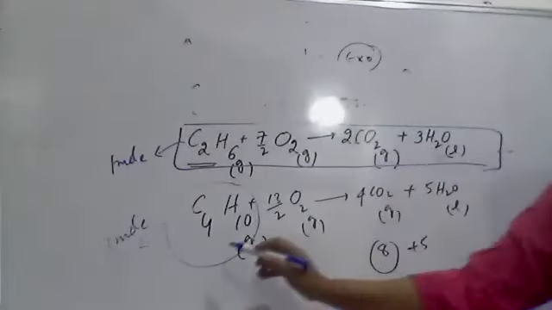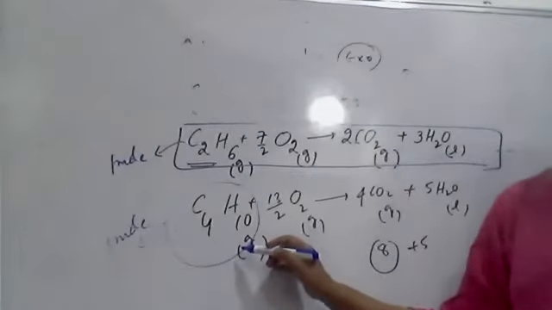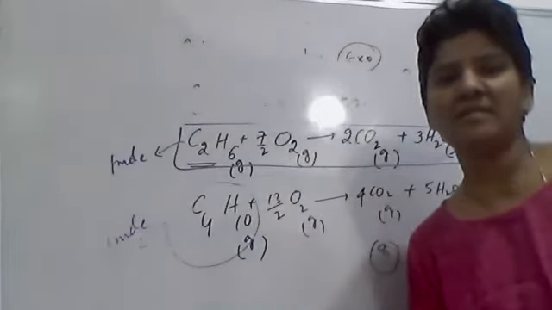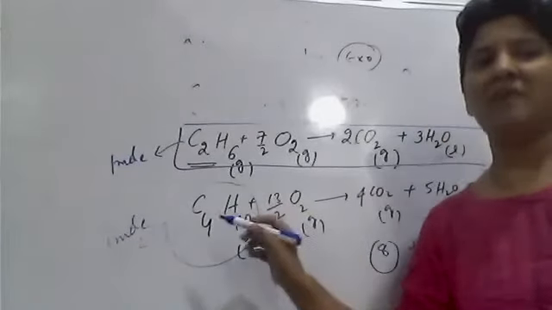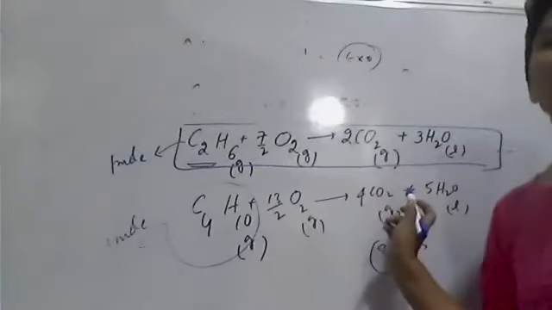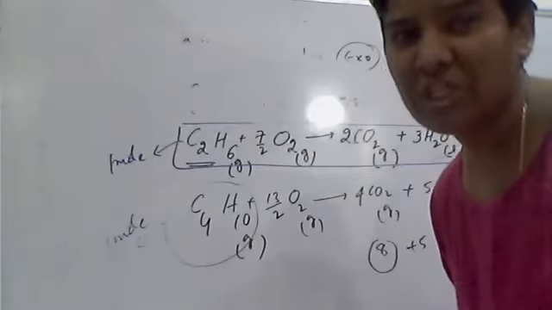Take 1 mole of hydrocarbon, then write its balanced chemical equation. And we know that a balanced chemical equation is one where the number of atoms of all the reactants and all the products are balanced, which is called a stoichiometric equation.